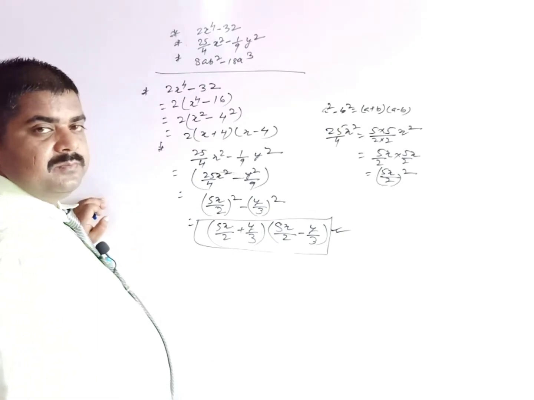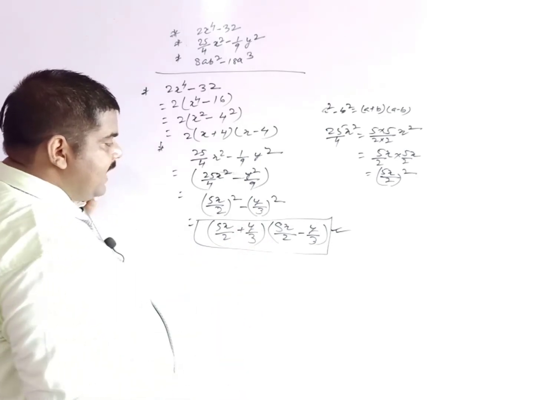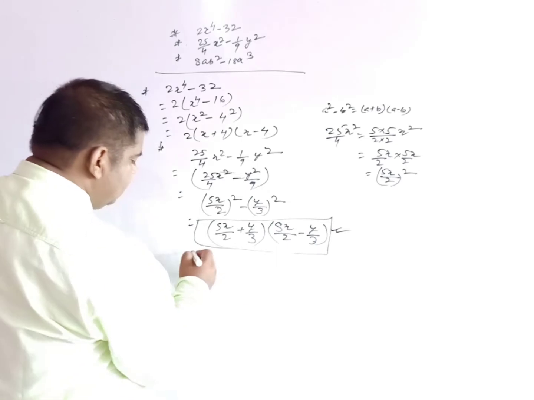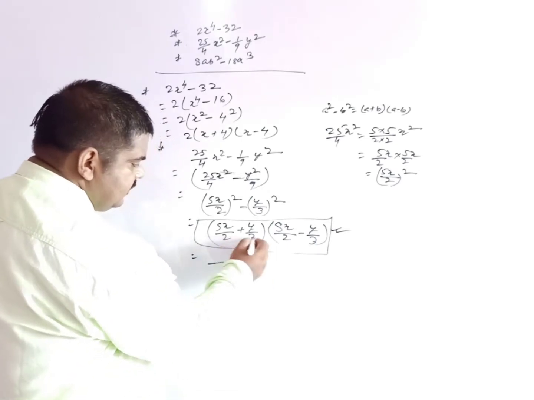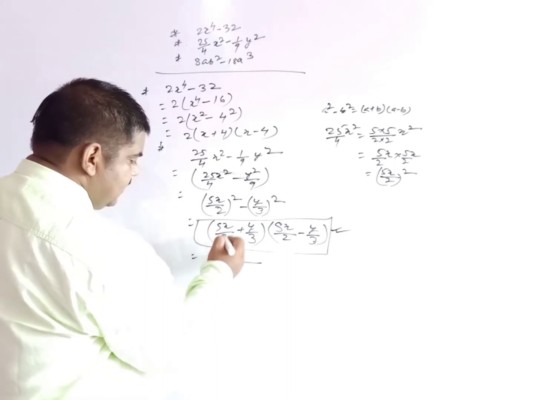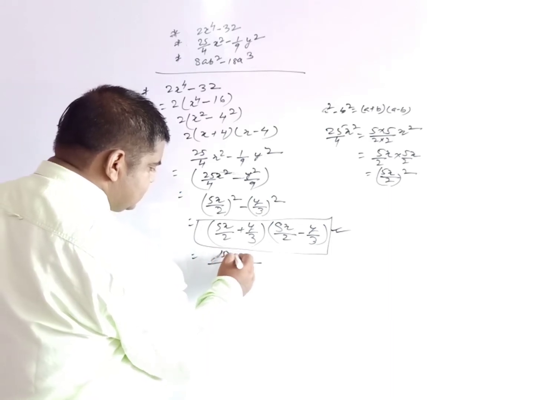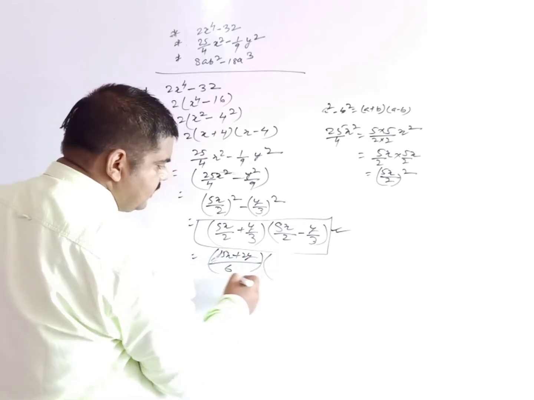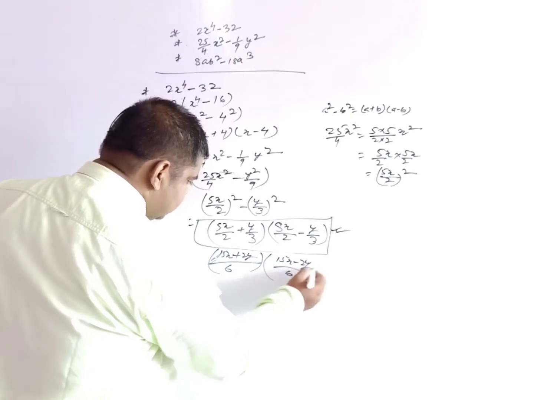Or in some books one more step is done, and in a few books you may take the LCM of these two, and then you can write 15x plus 2y, and here you can write 15x minus 2y upon 6.